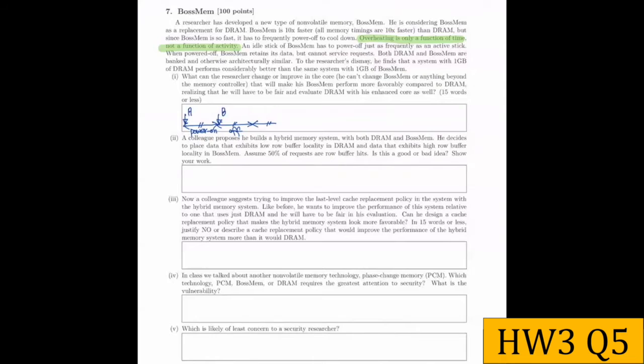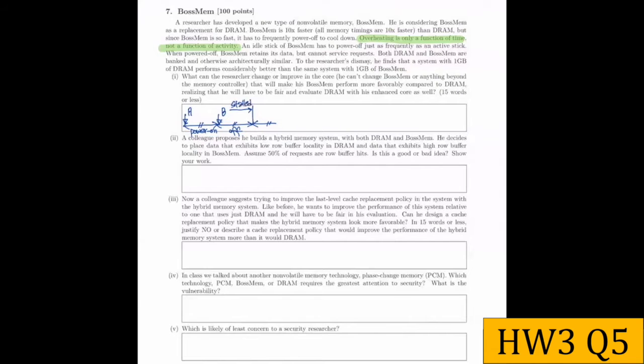So in this case, request A can be quickly handled, but B needs to wait until the end of the power off phase, which leads the system to be stalled for the same amount of time.